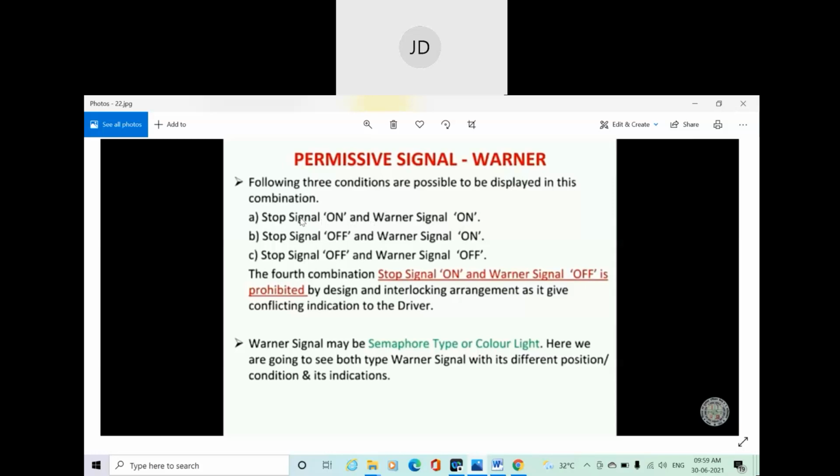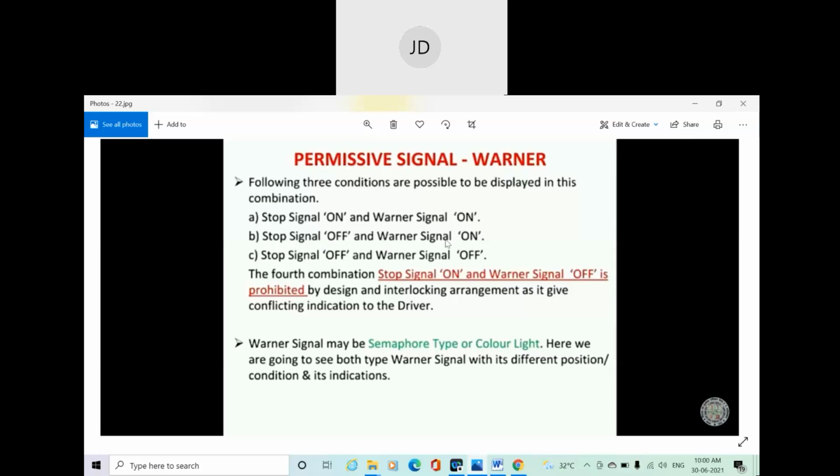But when the stop signal is on, the Warner signal has to be on, because when the stop signal is on, you have to reduce the speed. There is a restriction, so the Warner signal has to be on. It's obvious. But suppose the stop signal is off, that means at that section you can proceed.